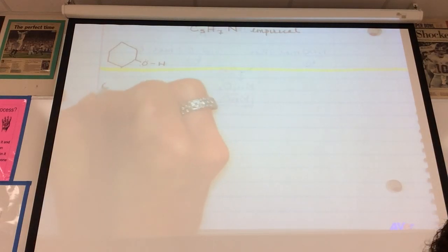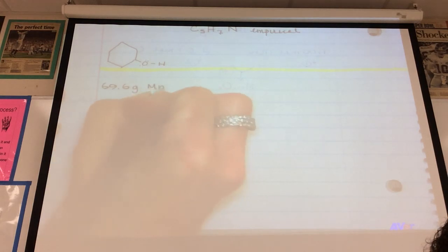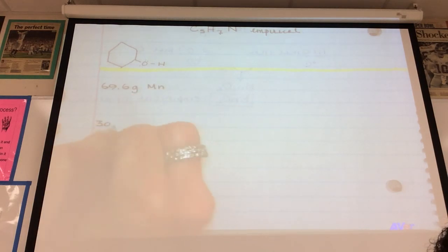So we have 69.6 grams of manganese and 30.4 grams of oxygen.